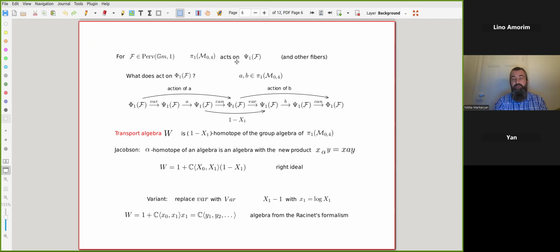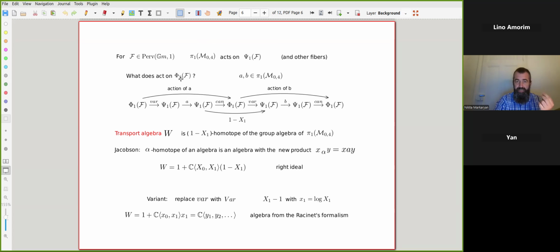The nearby cycles are just the fiber of our sheaf at the infinitely close point. It is acted on by the fundamental group, because for any fiber you can take the monodromy; we have a loop, you can take holonomy around the loop, and this gives the action of the fundamental group on the fiber.